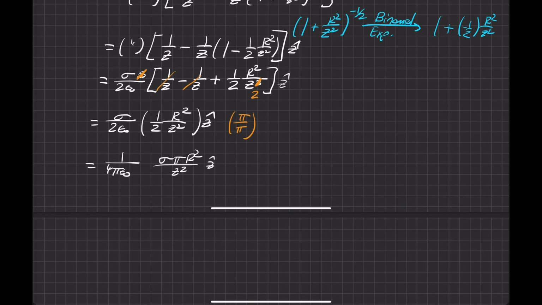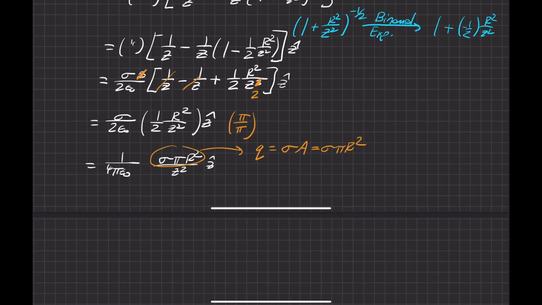If you recall, this chunk of stuff right here is dq, the surface charge density times the surface area, which is pi R squared.